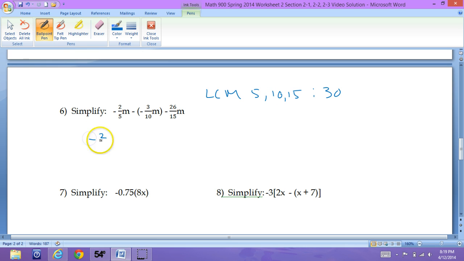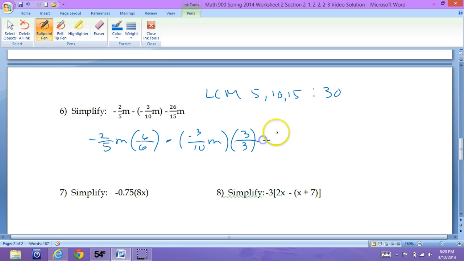So this requires an LCM of the denominators, so the LCM of 5, 10, and 15 is 30. So we're going to take negative 2/5 m times something to give us a 30. So 5 times what gets us 30? 6. Minus negative 3/10 m times what would give us 30? 3. So whatever you do to the bottom, you do to the top.